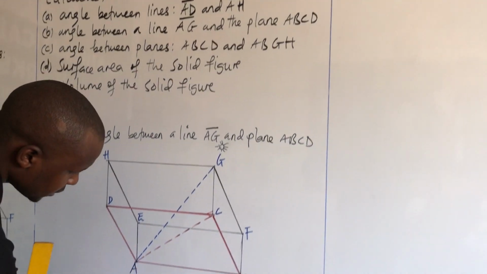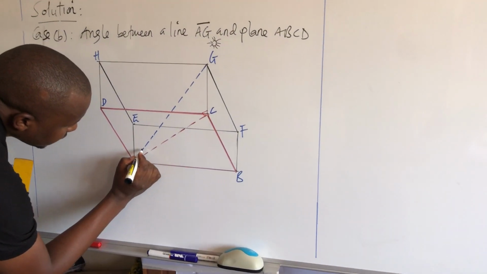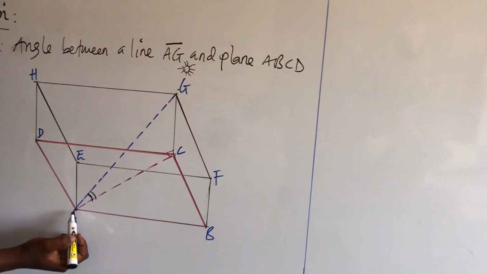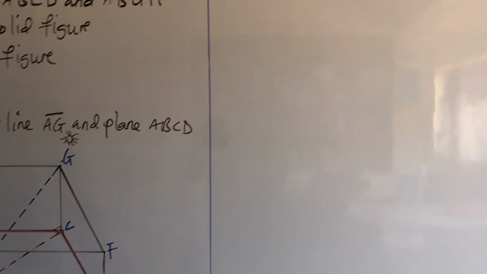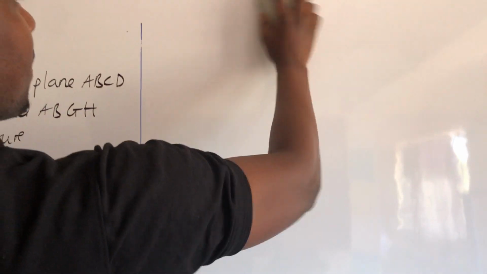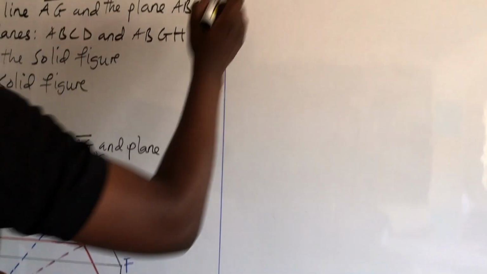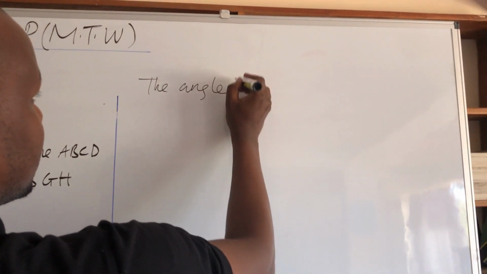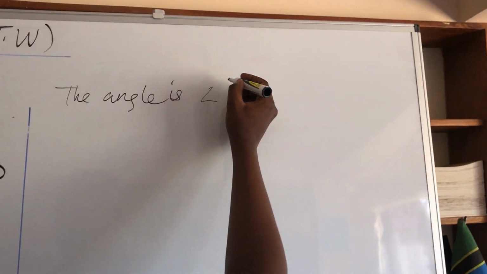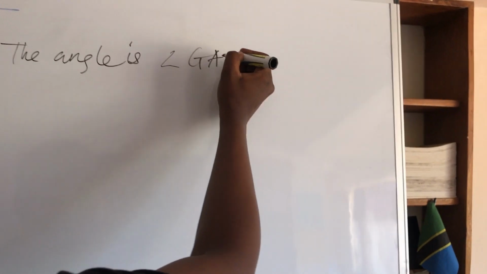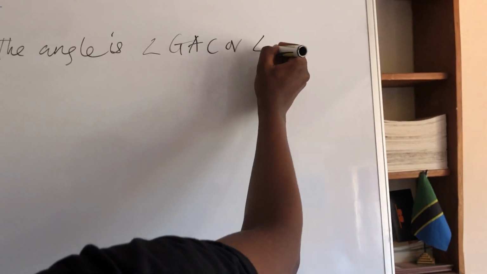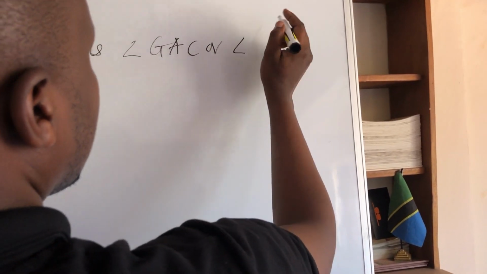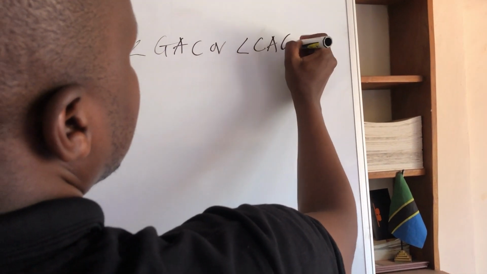So the angle is formed here at the point of intersection, point A. So our angle now is GAC, or we can say angle CAG.